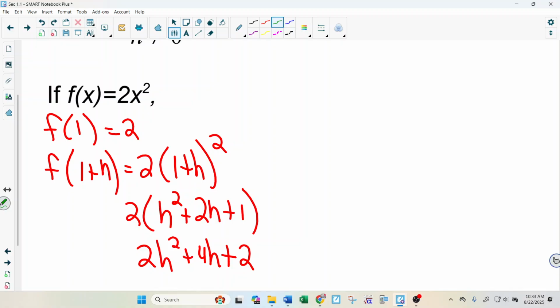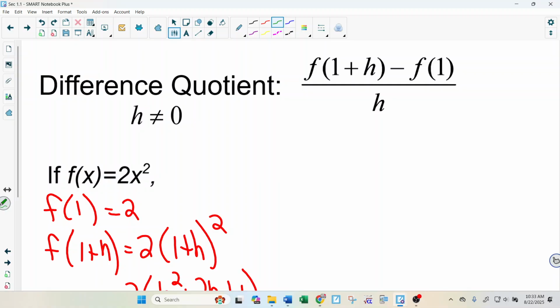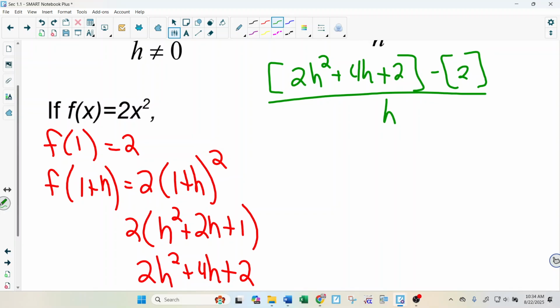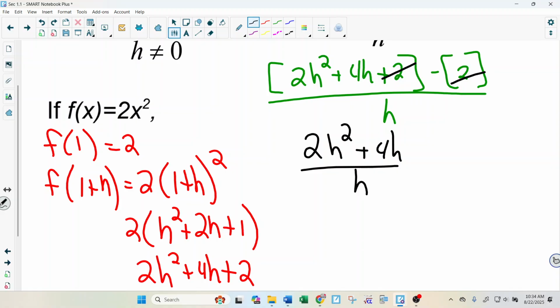So now when we put it back in, we have 2h squared plus 4h plus 2. 2h. 2's cancel. 2h squared plus 4h over h, which is 2h.